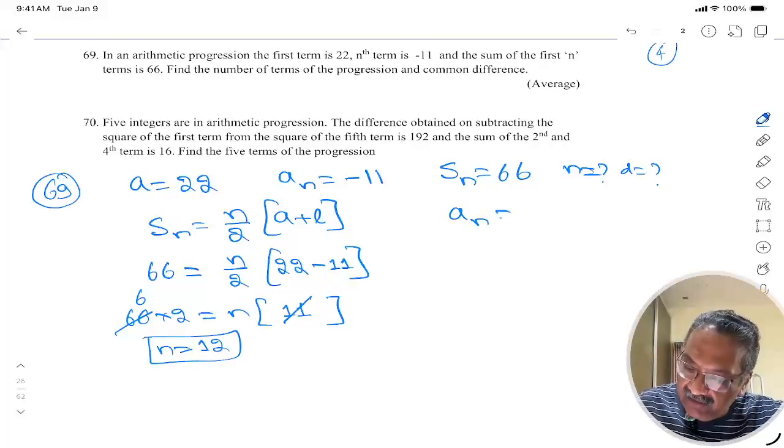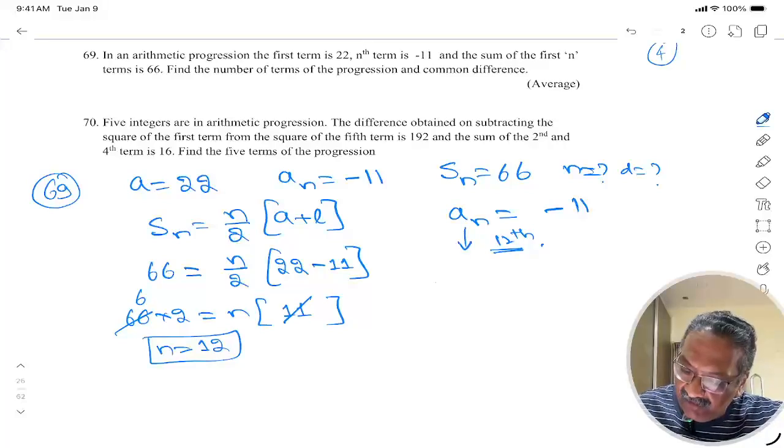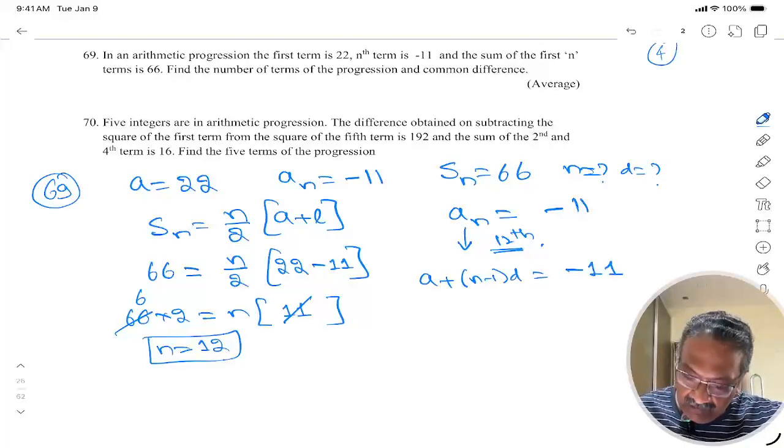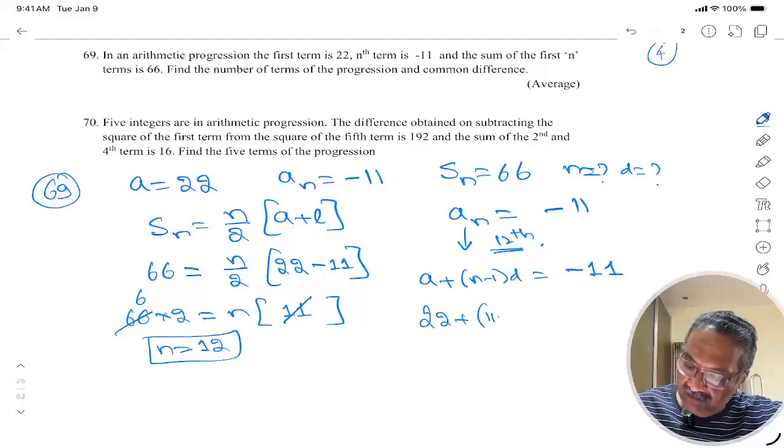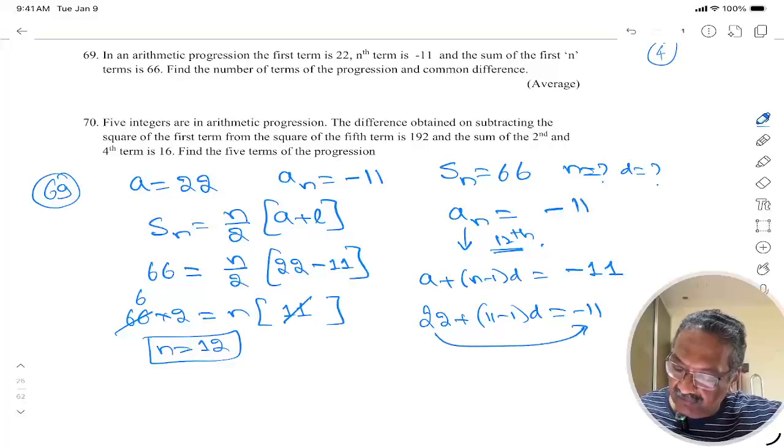Now, what is an? An is minus 11. That is, 12th term is minus 11. So, what is the formula for an? An is equal to a plus n minus 1 into d is equal to minus 11. So, we have a as 22 plus n minus 1, d is minus 11. 22 if it goes that side, plus becomes minus.